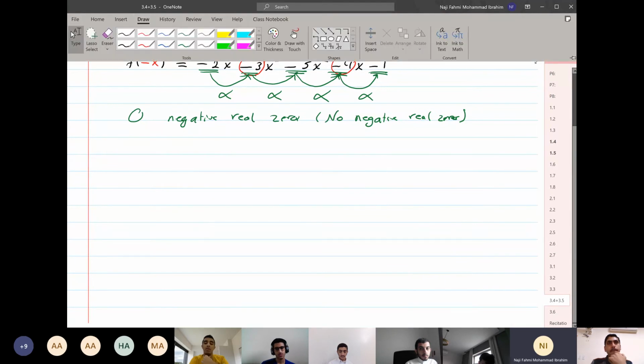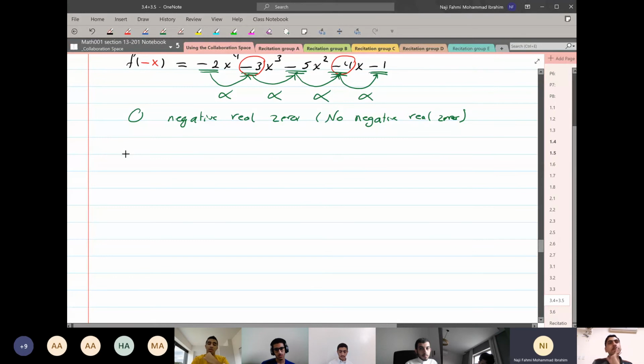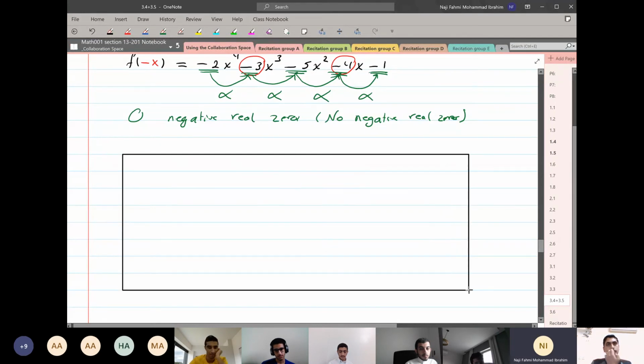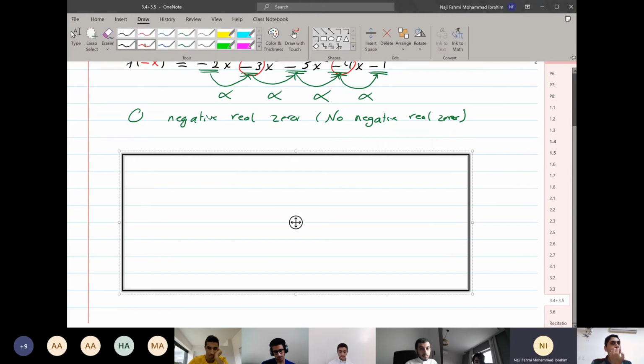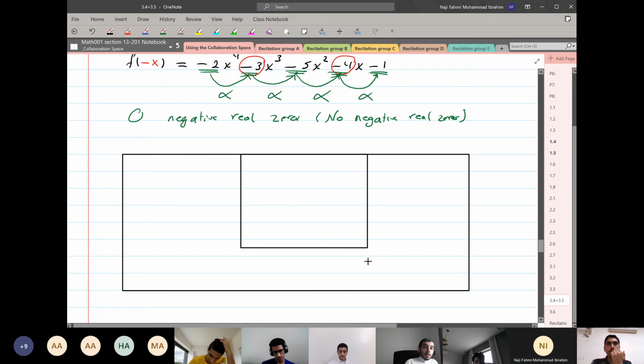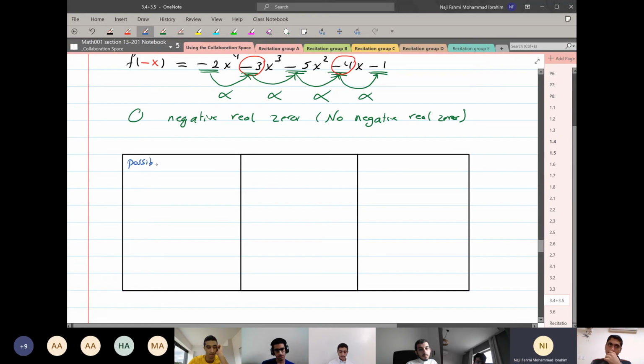Now I will make a table about the possible number of zeros, including the complex. Let me first put them in a table. This is the possible number of positive real zeros.